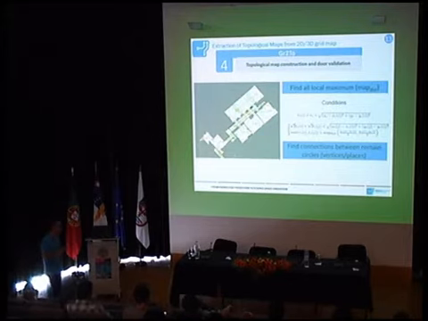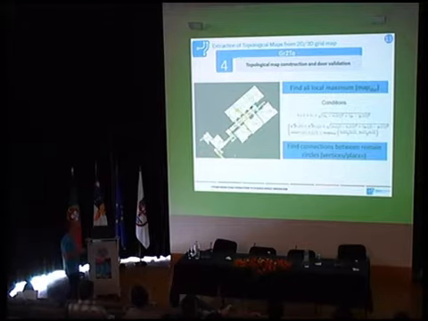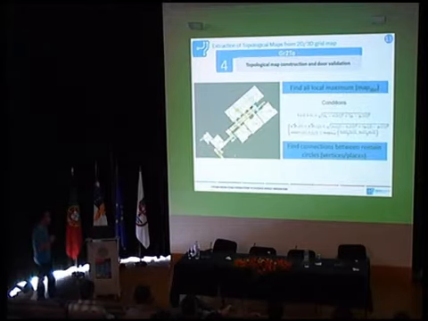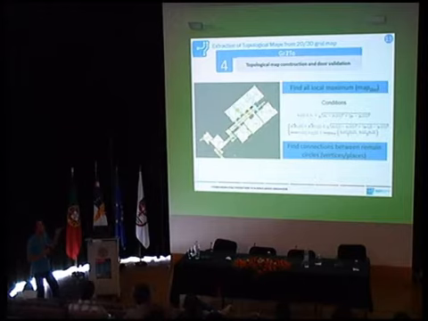Now, what do we do? We create the topological map with this process: find the local maximums inside the distance map. In that distance map, we have a value, and that value is assigned to each maximum. This gives a circle.